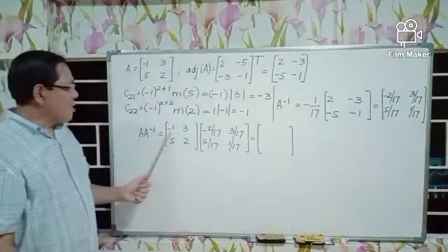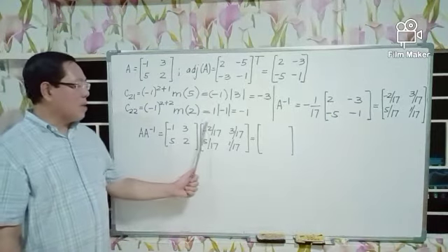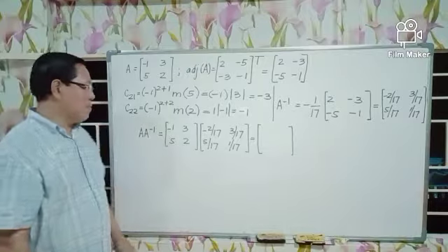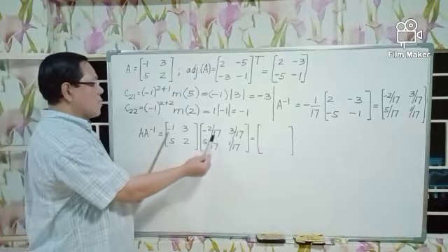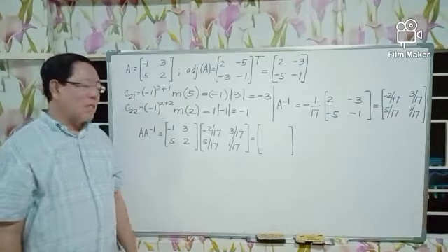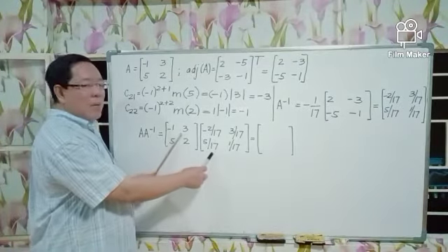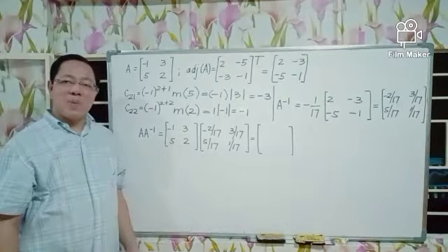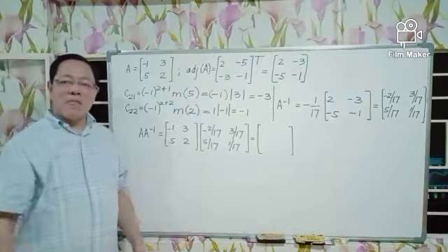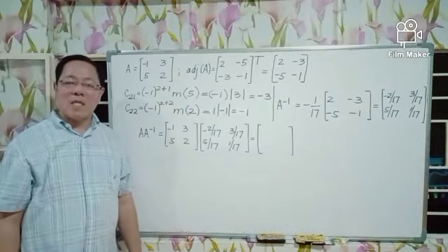We multiply the first row of matrix A by each column of A to the minus 1. We have negative 1 multiplied by negative 2 over 17 is positive 2 over 17, plus 3 multiplied by 5 over 17, that's 15 over 17, plus 2 over 17 is 17 over 17 or 1.